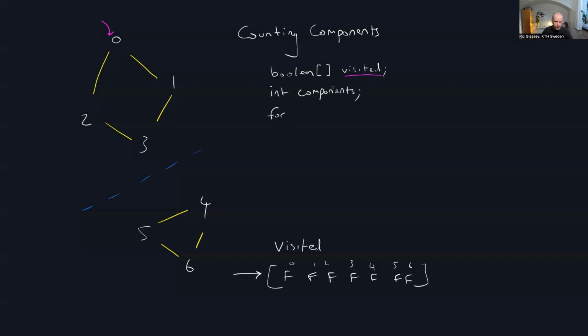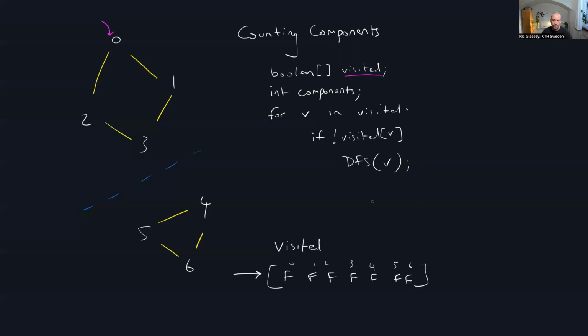So basically for each vertex in visited, if it has not been visited, then we make a depth first search on that vertex.